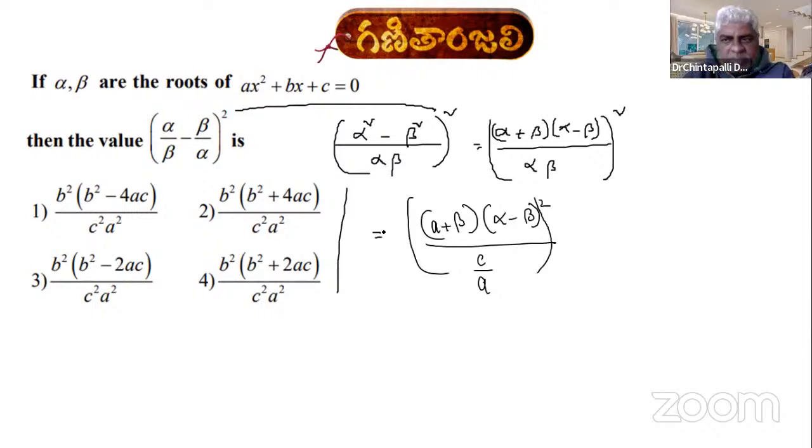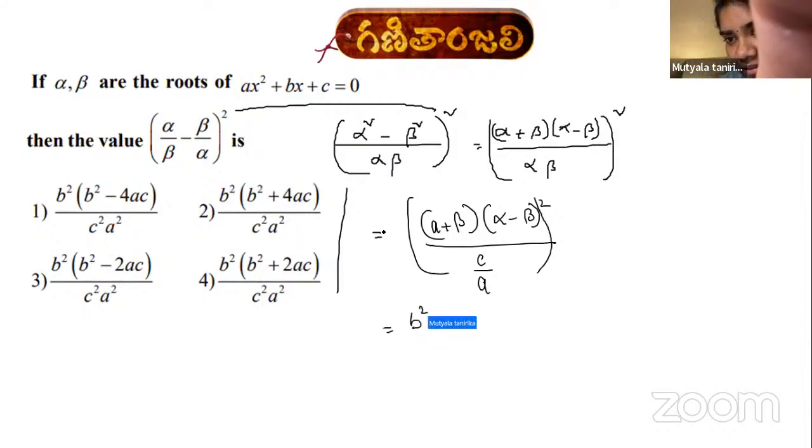Alpha plus beta formula, do you remember? Minus b by a. But we are squaring, so we need to write minus b square by a square. Just write b square in the numerator, a square can be written in the denominator.